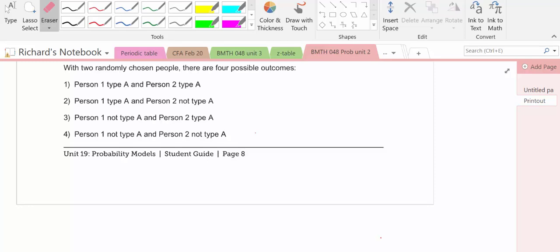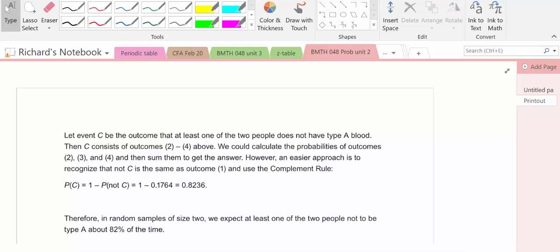Okay, in the next example, you're asked to calculate the probability that at least one of the two people who were randomly chosen does not have type A blood. So here's the question. The outcome: at least one of the two people does not have type A blood.